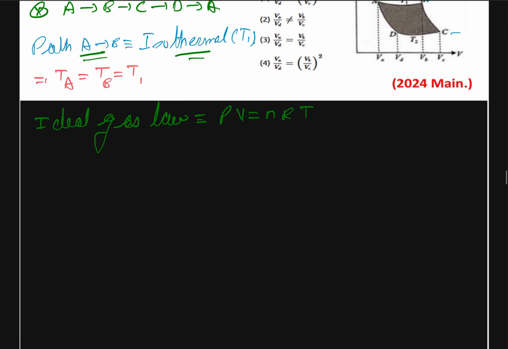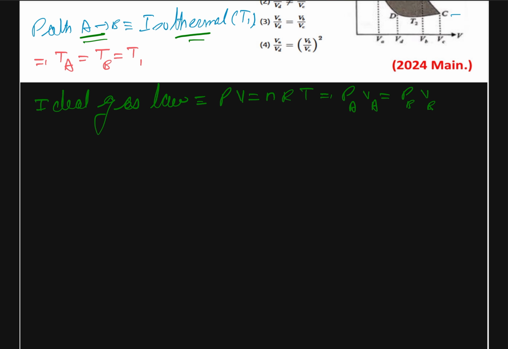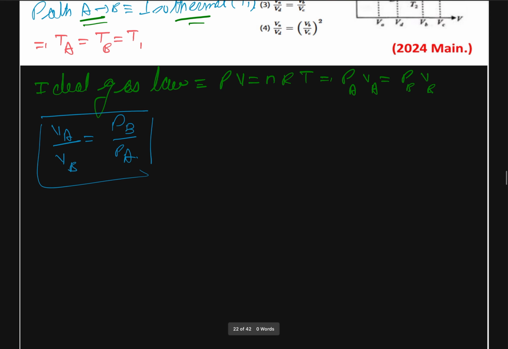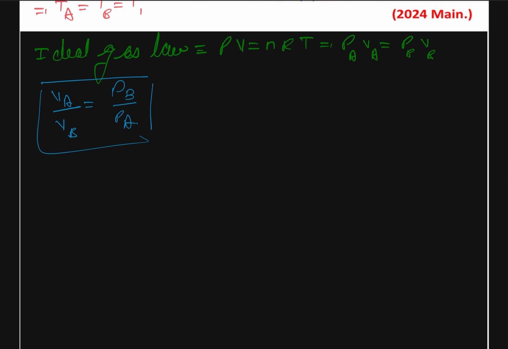Therefore, we can write it as PA VA will be equal to PB VB. And we can make an adjustment in that, and we can write this as VA upon VB will be equal to PB upon PA. So this is one part of the ratio. Now we come to the other part, that is path CD.